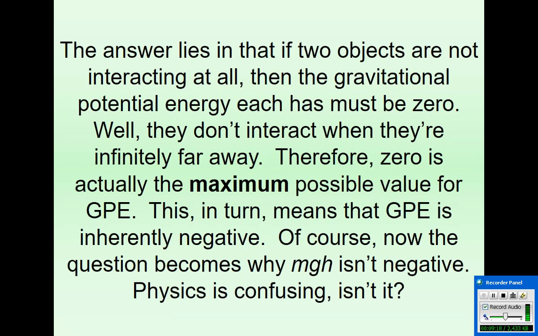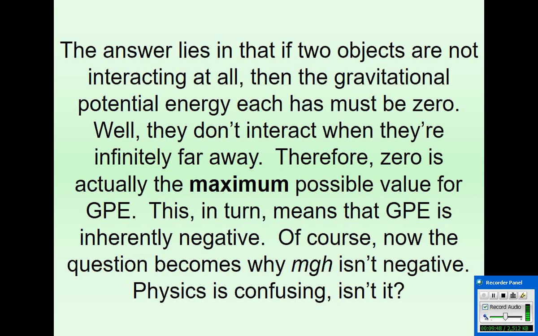To understand that minus sign in the formula, start by considering the interaction between two objects that are so far apart from each other that they're not interacting at all. If there's no interaction between them, I would say that there's no attraction between them, there's no gravitational anything between them, and so I would say that the gravitational potential energy of this system is zero.